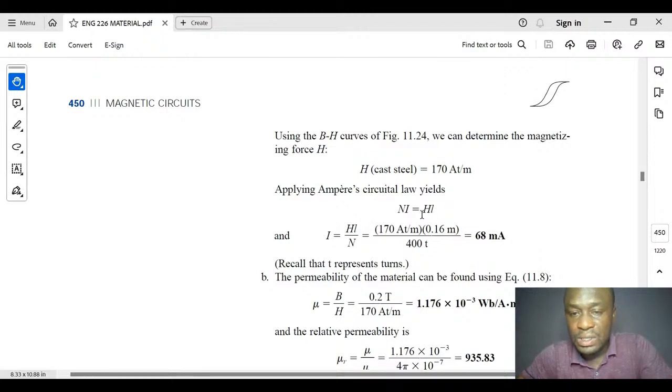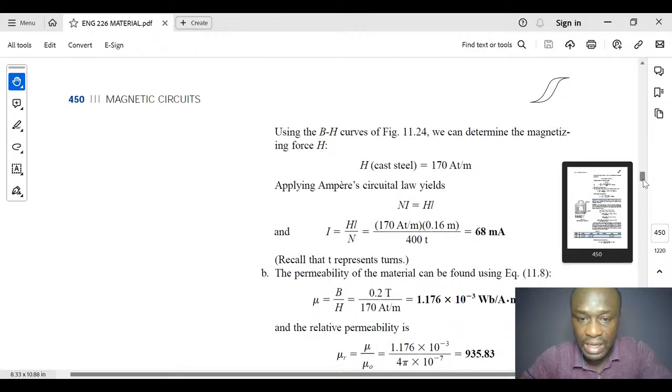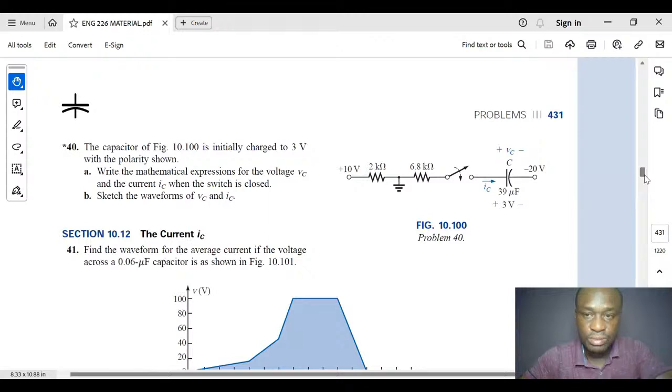So we now have that Ni, which is force, is equal to HL. Let's go back to the formula of last week so that you see it clearly.